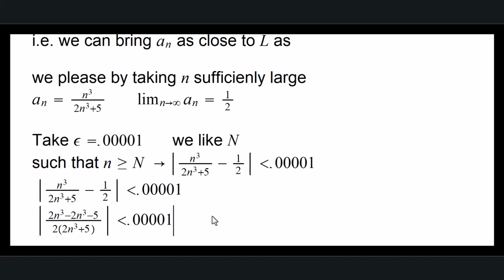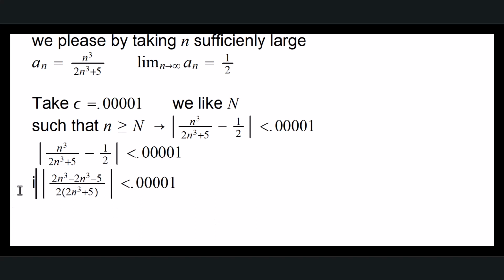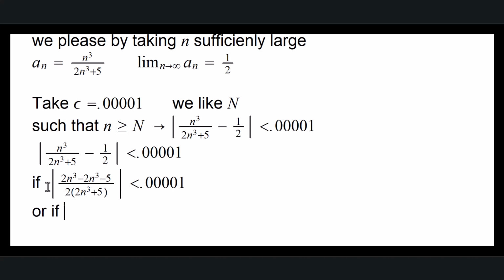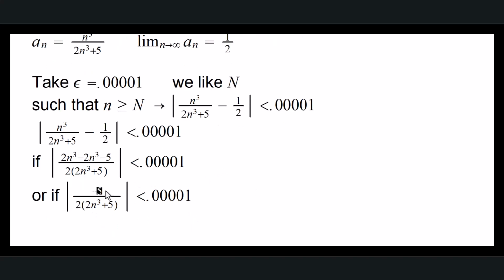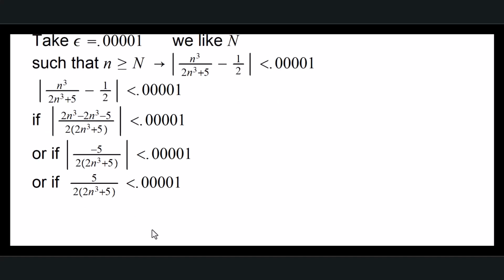That has to be less than this quantity. So if we have the 2n cubed and 2n cubed cancel, we are left with only this. And the negative sign will be dropped if we take absolute values, so we will just write it as 5 over 2 times this, that's less than 0.00001.